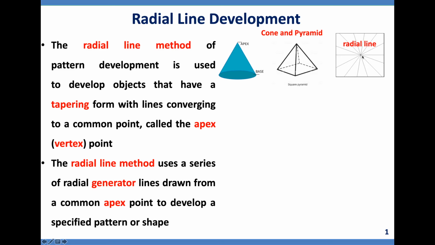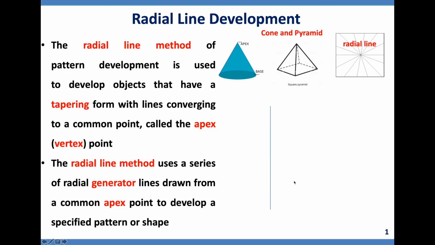This is the development where you can see radial lines which meet at the apex point. The radial line method uses a series of radial generator lines drawn from a common apex point to develop a specified pattern or shape.